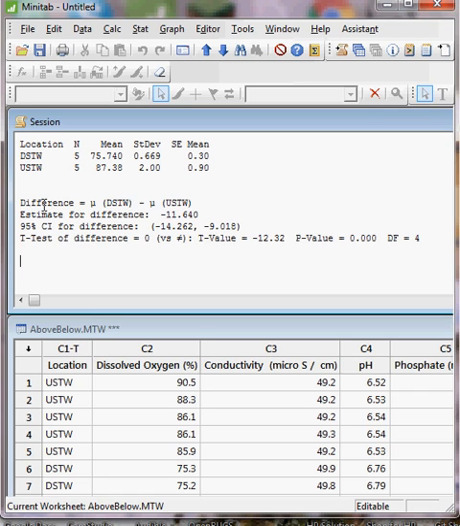It tells us that it's looking at the difference between DSTW minus USTW, and that it estimates the difference is around minus 11. So this indeed implies that USTW is larger.